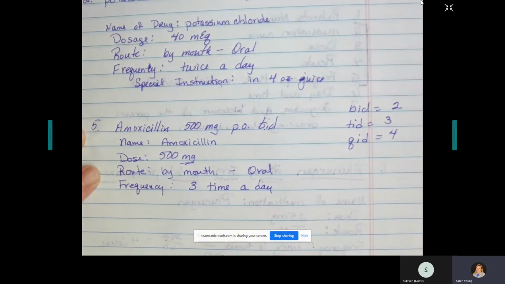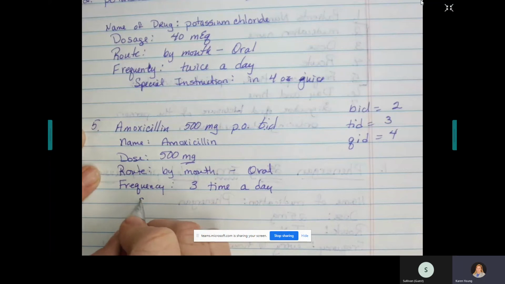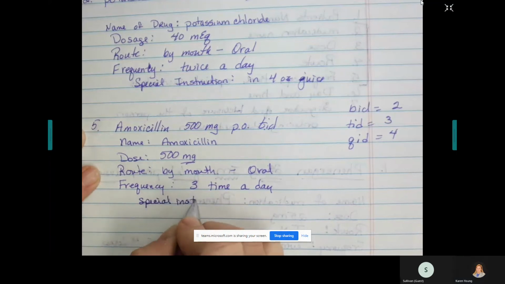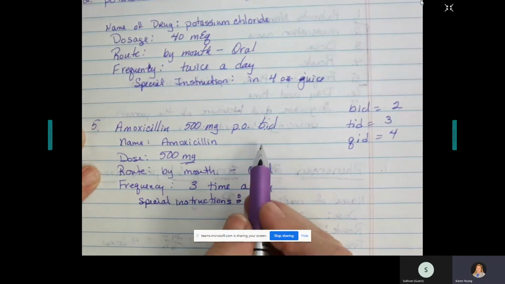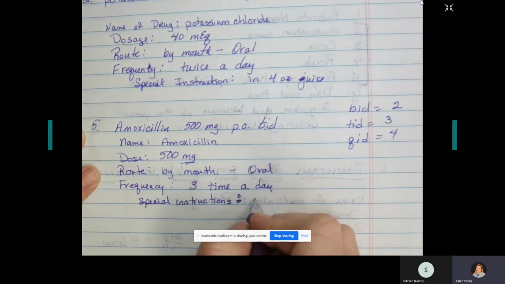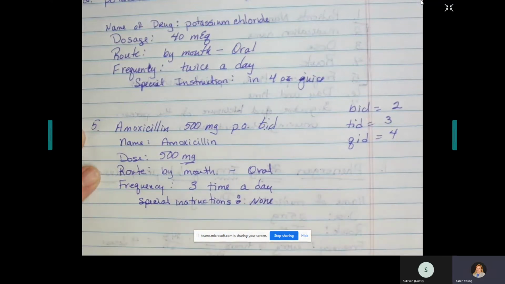They're all times a day. And does this one have special instructions? It just kind of ends with TID, right? So there's no special instructions. So we don't have to worry about that one.